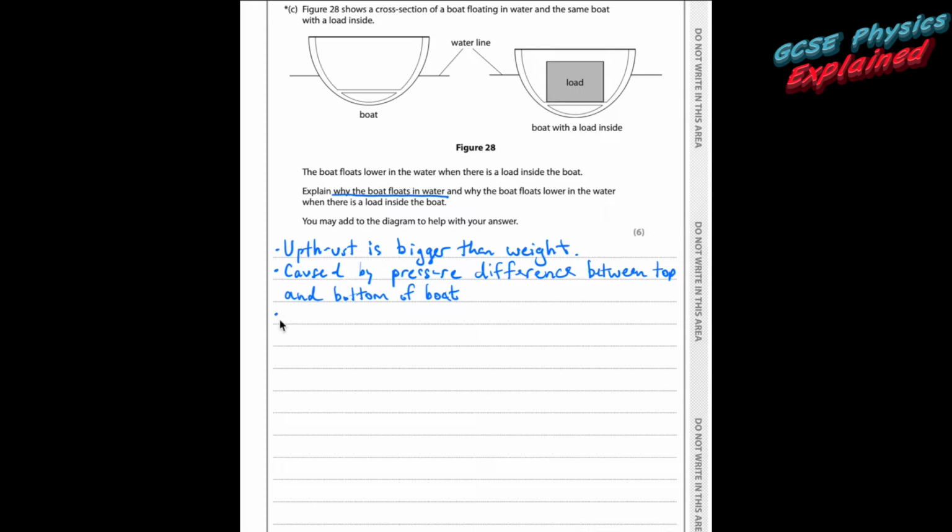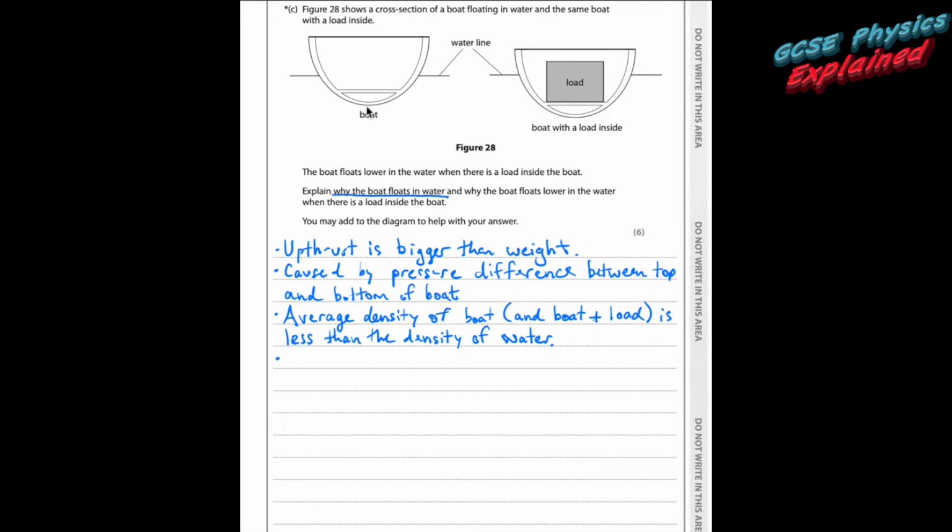Now another reason why they'll float is that the average density of the boat in both cases must be less than the density of the liquid. Now they've said the liquid is water.